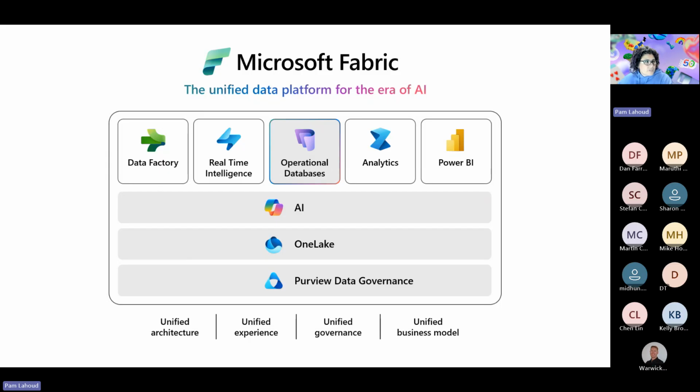When you build databases outside of Fabric, you have either on-prem SQL Server or Azure SQL Database. That's just a database in and of itself. If you want to do other things with that data, you need to stitch a whole bunch of solutions together. And in Azure, that can be super complicated.